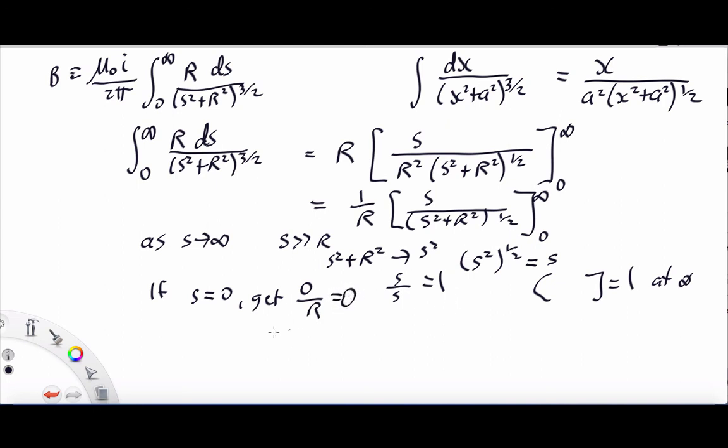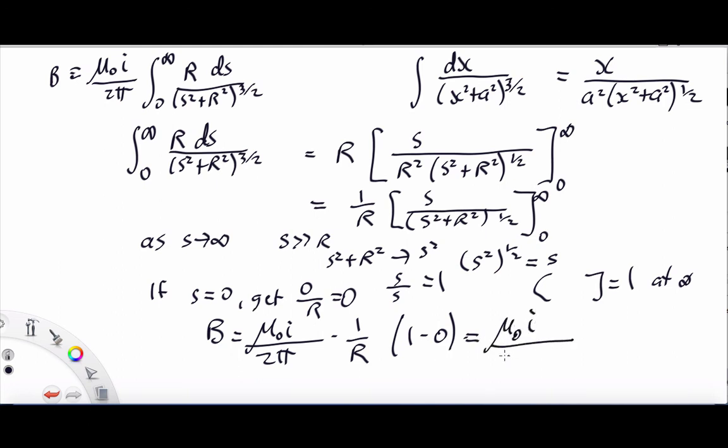So we end up with B equals mu naught I over 2 pi times 1 over R times 1 minus 0, equals mu naught I over 2 pi R. So that is the expression for the magnetic field due to a long straight wire, a distance capital R away from the wire, if it has a current I flowing through it.